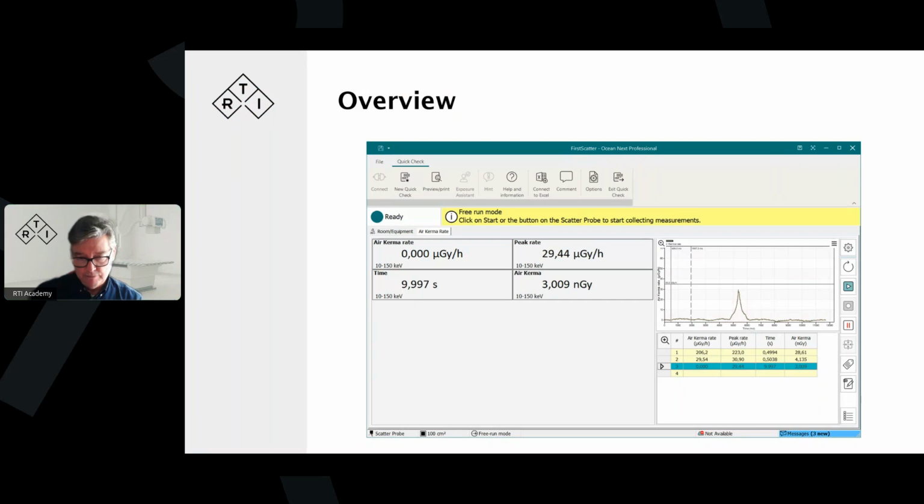It needs to be moved around slowly if you want to move it. The scatter probe, of course, has a quicker response, a shorter response time, so there's less risk of missing something, but still you need to be very careful when you're moving it if you want to measure the leakage.